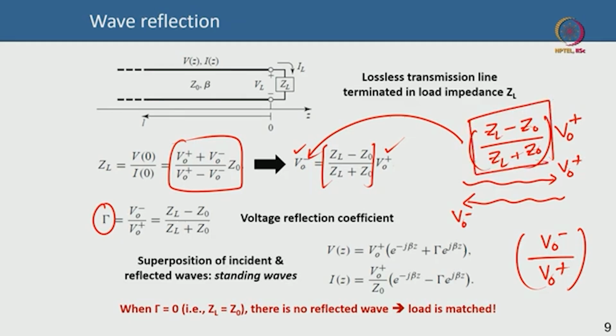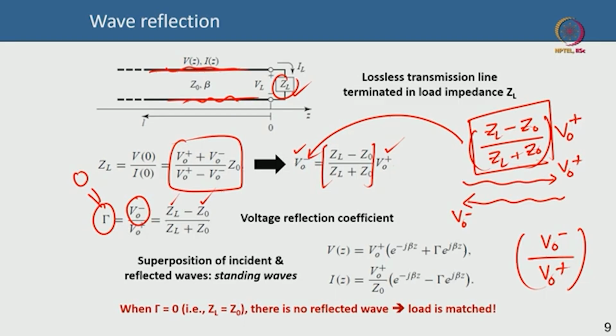So, what does it mean? If your ZL is equal to Z0, assume that your load impedance is exactly equal to your line characteristic impedance, then your gamma will be equal to 0. That means there is no reflected voltage wave, and the reflection coefficient is therefore 0. In many cases this is the desirable situation, which means you do not want a reflected wave, you want everything that you are sending in to be completely delivered to the load without reflecting anything back.